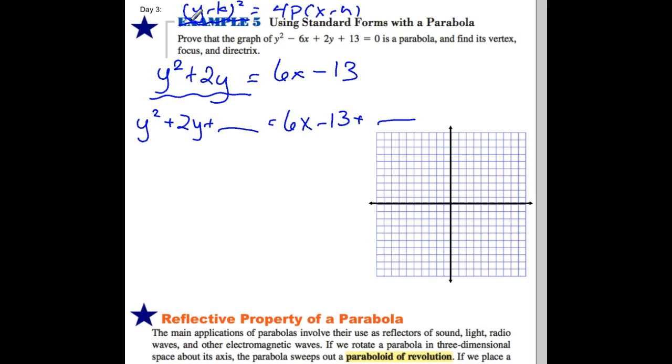Do you remember how to complete the square, how to find that missing term? We're going to take half of our b term and square it. All right, so half of this 2 would be 1, and 1 squared is 1. So we're going to add 1 to both sides.